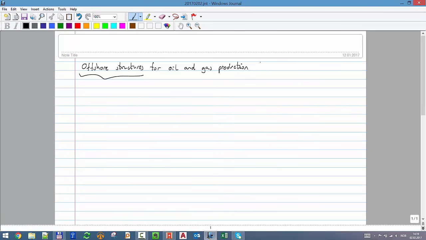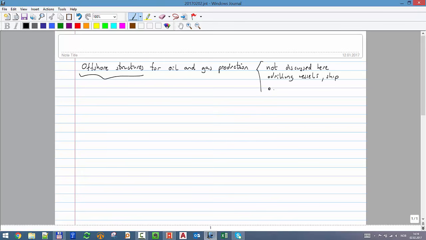I want to exclude from this discussion, for example, drilling vessels. Let's put here: we are not going to discuss drilling vessels or ships.